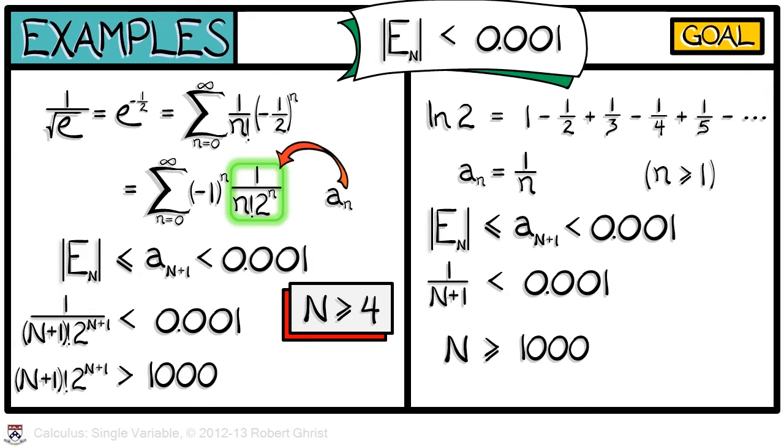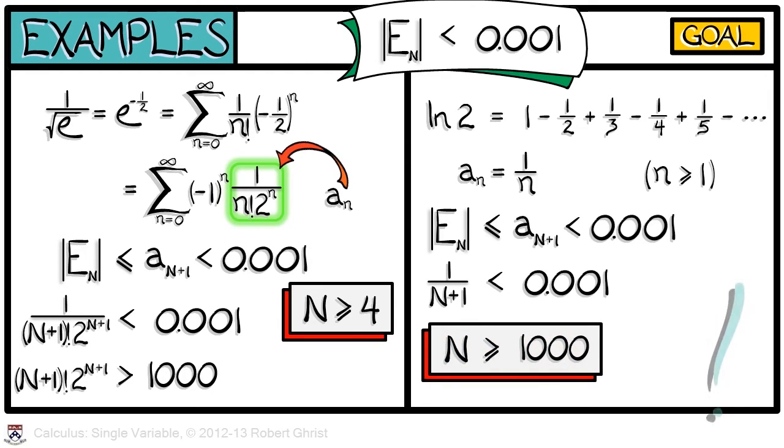That's the same thing as saying N is greater than or equal to 1,000. And that is a lot of terms to get within the same error amount as we used for an exponential. What happens if you don't have an alternating series?